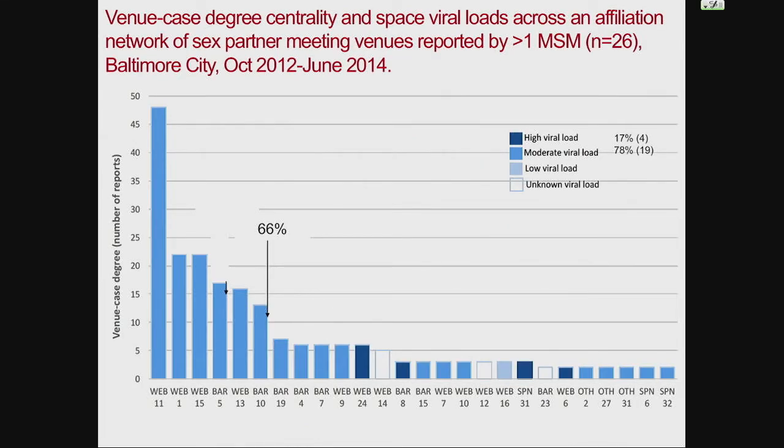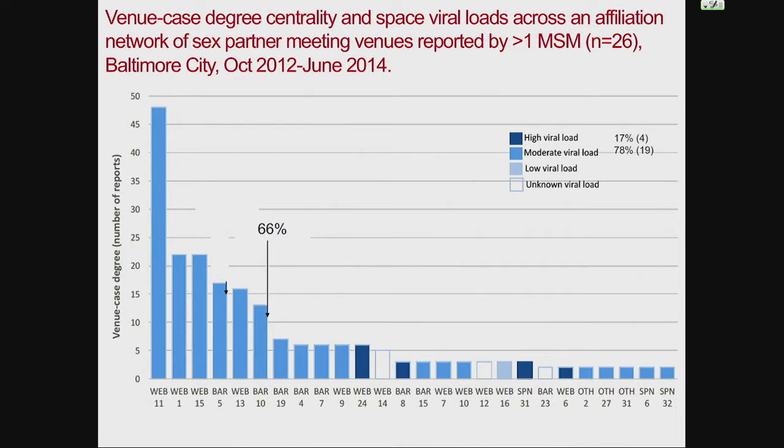This is another way to look at the data. So what you see illustrated here is venue case degree, or the number of reports, ranked. It's ranked by venue case degree, and what I'll talk about in a minute is we also overlaid the space viral loads, and I'll talk about how we calculated that.